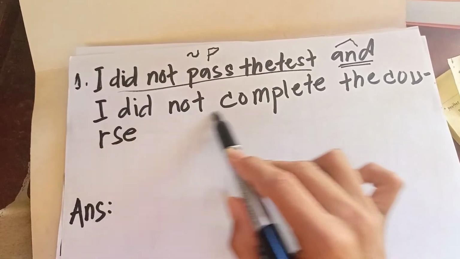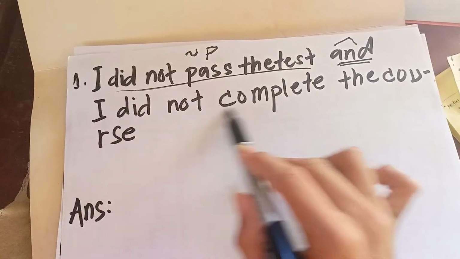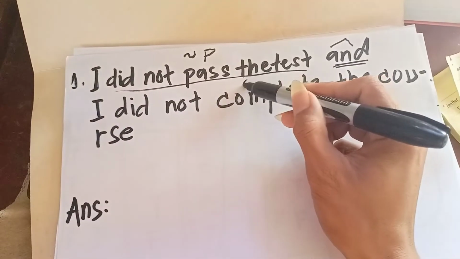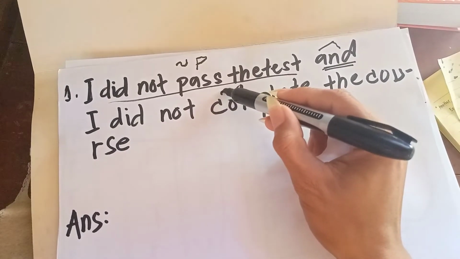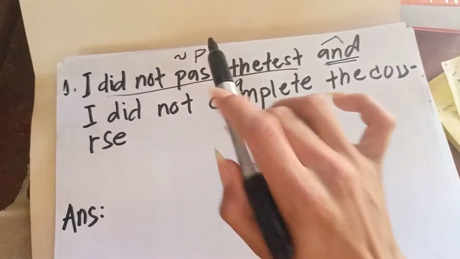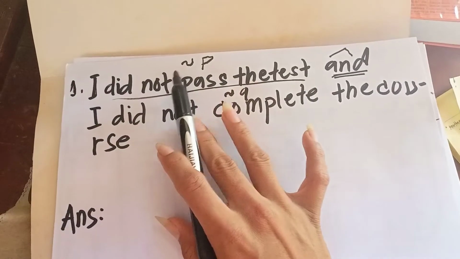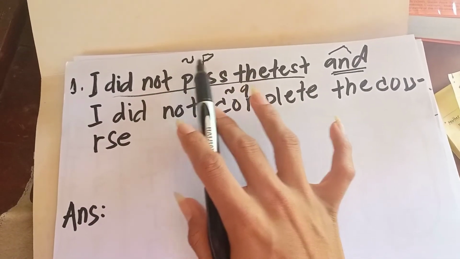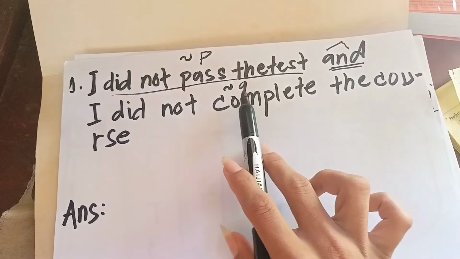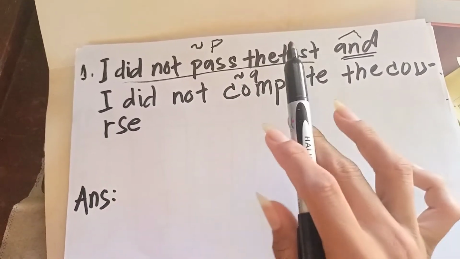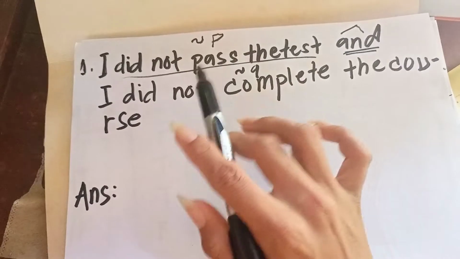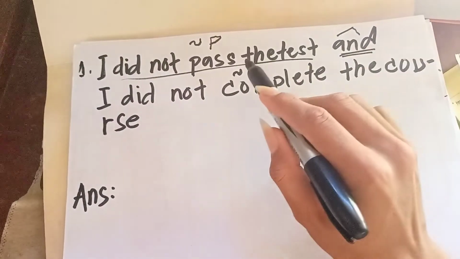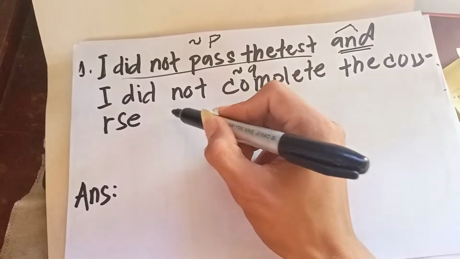Then here is the second statement, let's assume it is Q. Since it is not, we add the AND. Then, the formula is not P and not Q. And then, how are we going to answer this? It's easy. The formula for this is as follows.